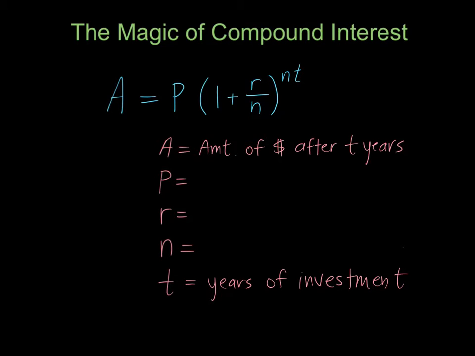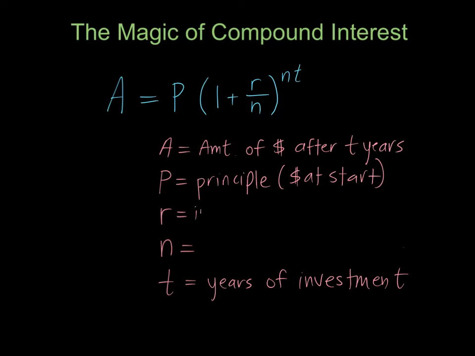We're not going to be worried about those just yet. But right now, this formula, you take a lump of money, put it in the bank, you'll be given the interest rate, how long, how many times it's going to compound per year, and that's what this formula is going to tell us. This P is for principal, and this is money at the start. This is how much you put in the bank.